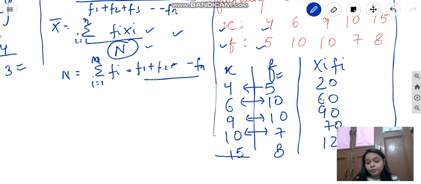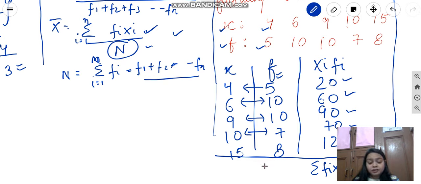In the third step, find the sum of all entries in the third column, the fi xi column. If we add all these together, we get summation fi xi equal to 360.